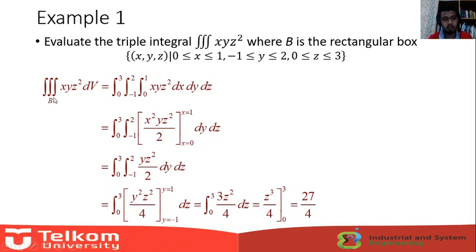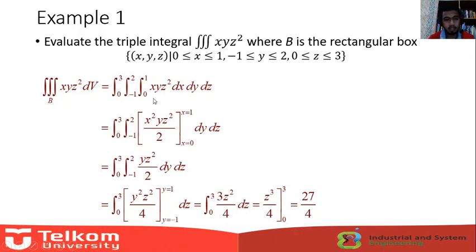So the triple integral of x, y, and z square times dv, with the order dx, dy, and dz.